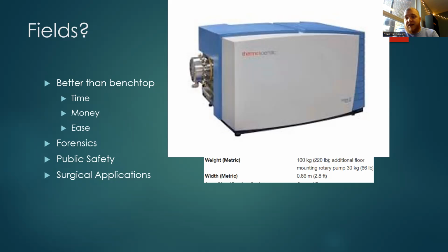So with that, there comes a lot of time, right? It takes a lot of time. It slows down our analysis of that substance. It's expensive, right? The benchtop mass specs can be costing upwards of hundreds of thousands of dollars, if not a million. And ease. We're now getting into a user interface that's applicable and easy to be trained on. It's direct. First responders are able to be using this type of technology and using it effectively.